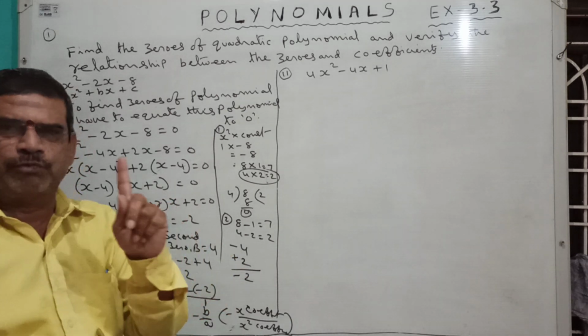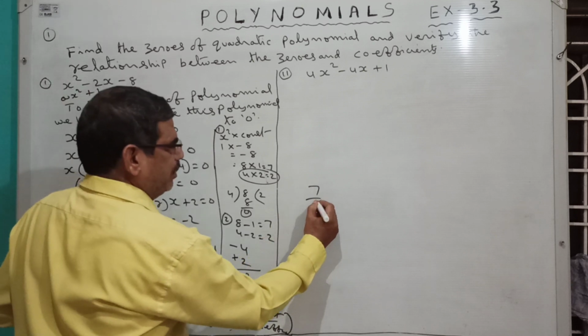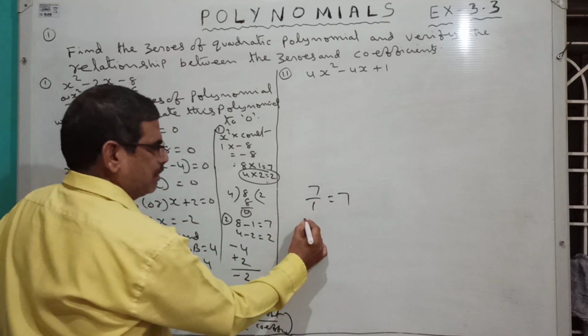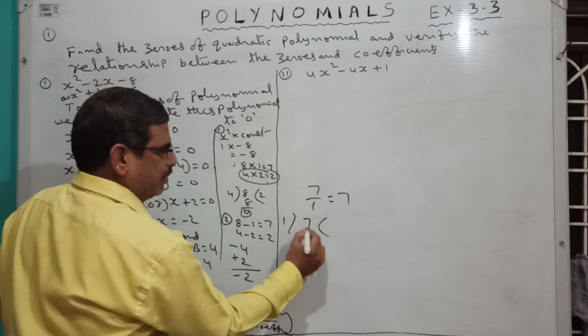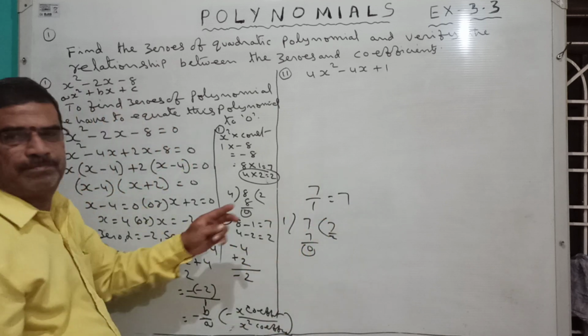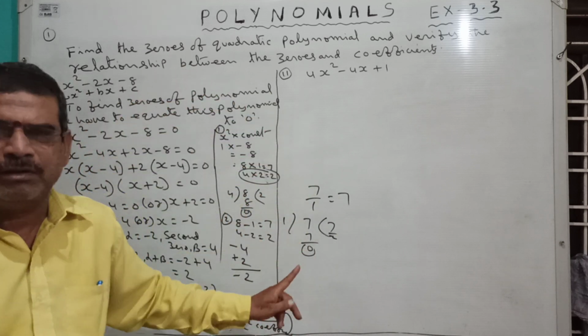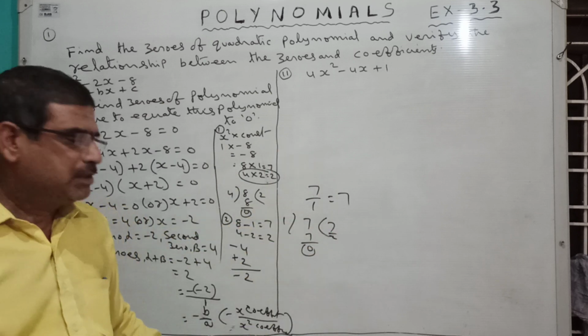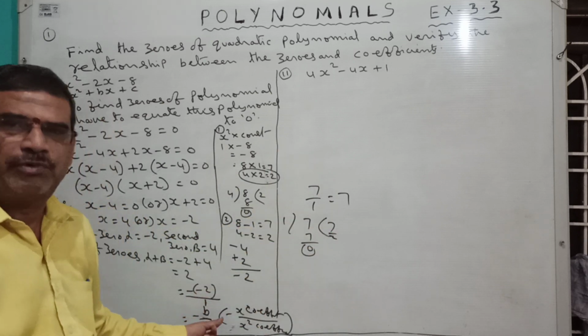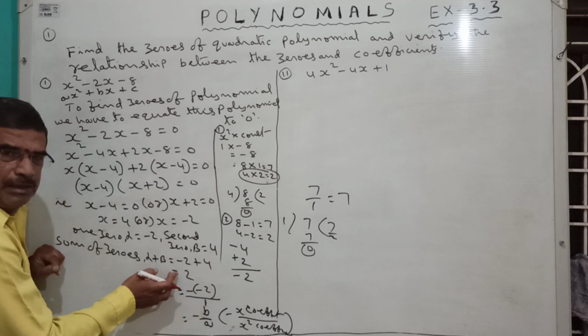If I divide with 1, the answer will not change. So 7 by 1 means 7, because I am dividing 7 with 1. 1 sevens are 7, 0. The answer will remain the same. No change. So when we are dividing with 1, the answer will not change. So simply I am removing this one. So after removing, minus into minus, plus is there.